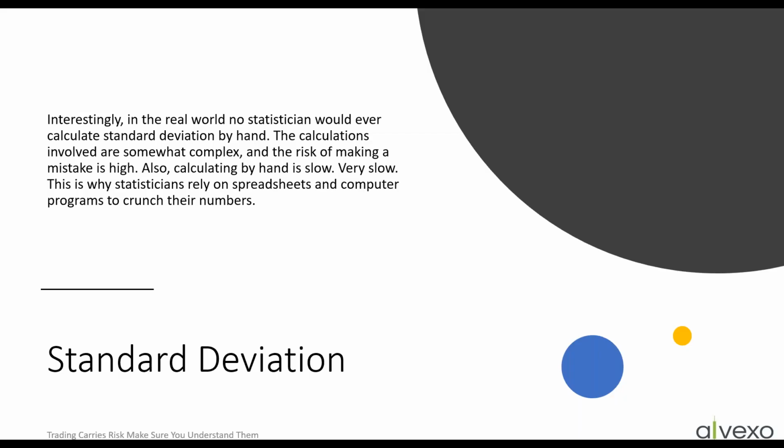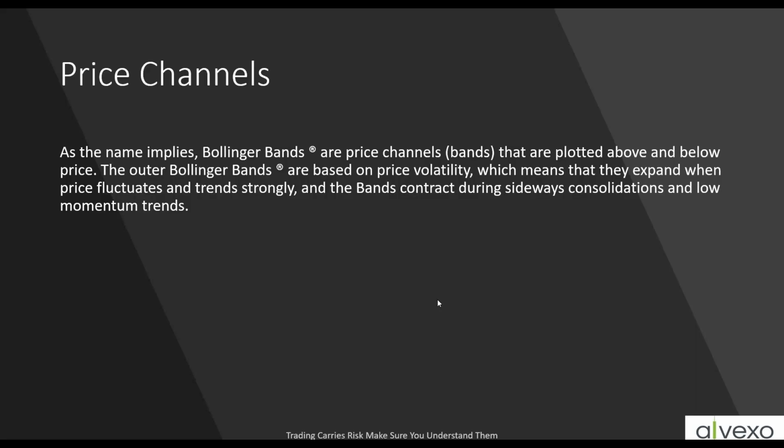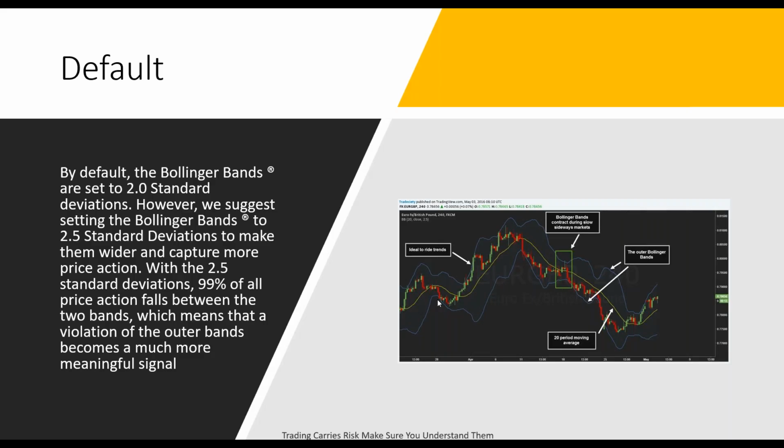Okay. Now, interestingly though, in the real world, no statistician would ever calculate standard deviation by hand. Like I said, it is a very complex mathematical formula that statisticians use. But we're going to have to go through it.